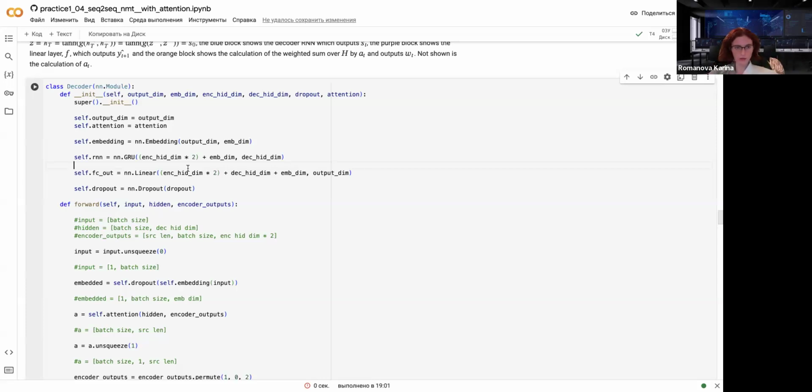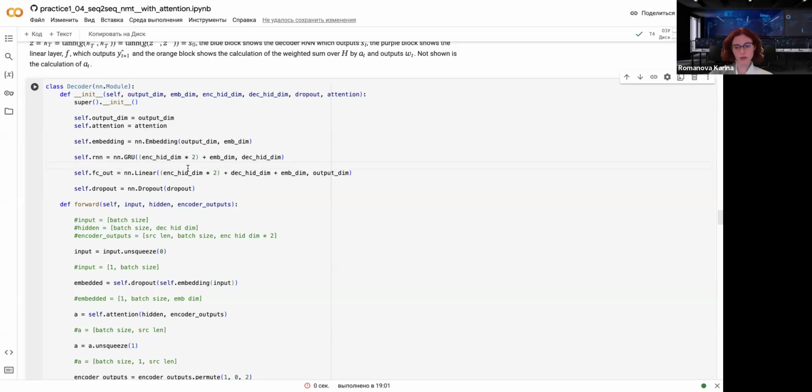So here we calculate the decoder's current hidden states and encoder outputs, just multiplications of them. These attention weights are used to compute a weighted sum of the encoder's output, which creates a context vector that focuses on the most relevant parts of the input sequences.